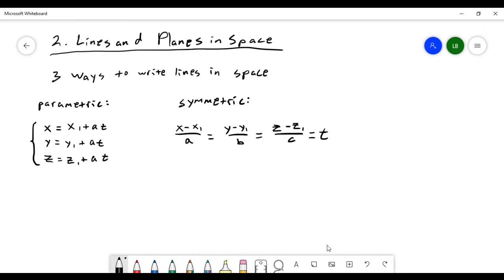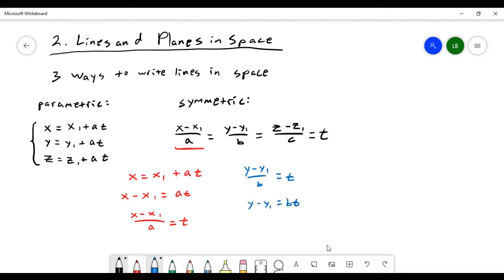So you can see we can find this first symmetric form by taking our x equals x1 plus at, and saying x minus x1 equals at. So then x minus x1 over a is equal to t. And likewise, we could convert back. So if we wanted to go from y minus y1 over b to t equals c, we could say y minus y1 equals bt. So y equals y1 plus bt.